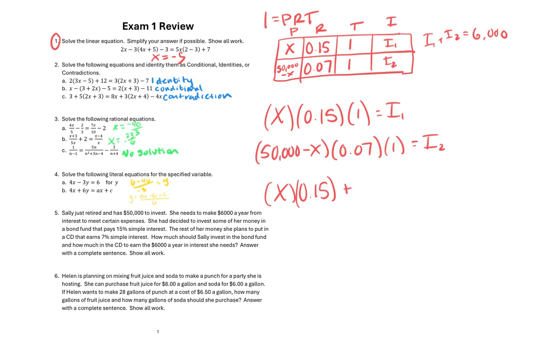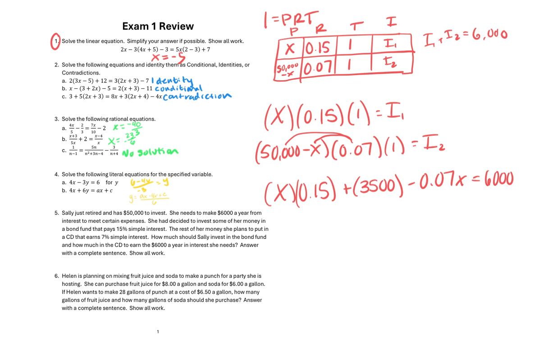So since we're distributing this, we have 3,500, and then this also times this negative x, minus 0.07x. And we know that this is going to be equal to our 6,000.